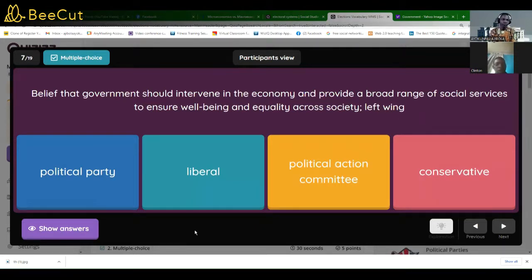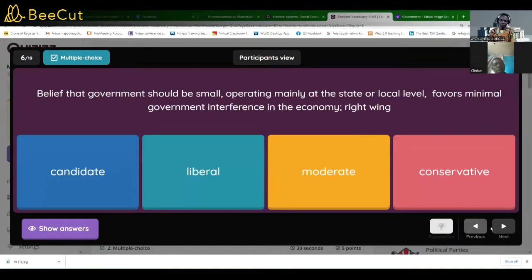Believe that government should intervene in the economy and provide a broad range of social services to ensure well-being and equality across society. Wait a minute, we did not do this one. Read this one.